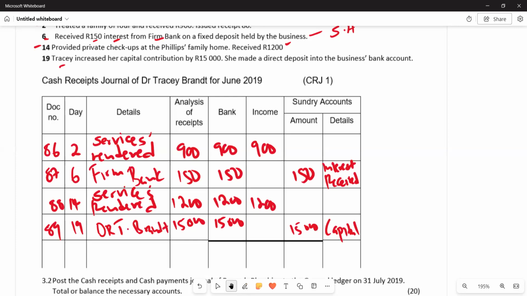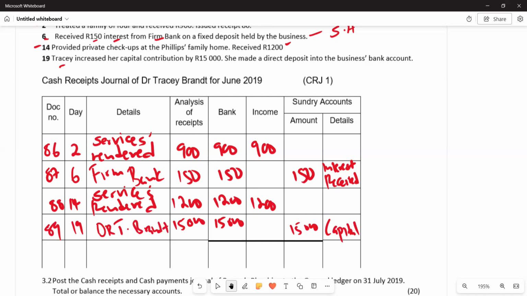For the details, you just put where you are receiving the money from. Then on the sundry account, you give a description of what it is. It is for capital. We have not put it under the income column because this is something we receive as a business that is not part of our core activity of rendering services. So we put it under the sundry account. This is what we have in terms of the entries we're supposed to do.